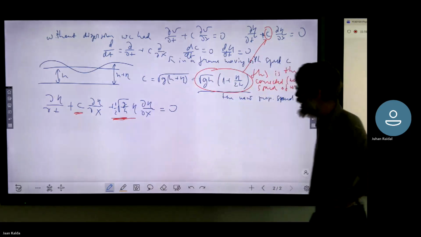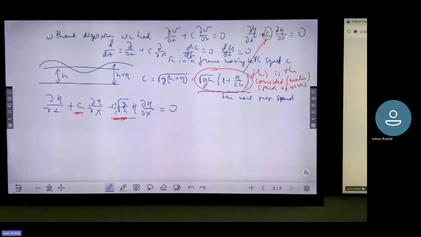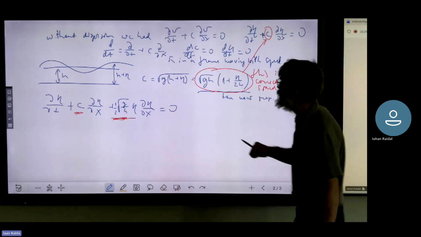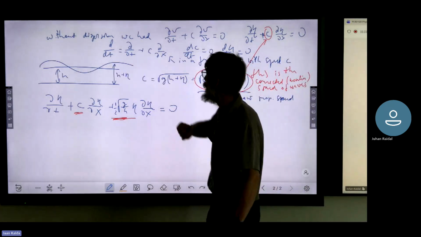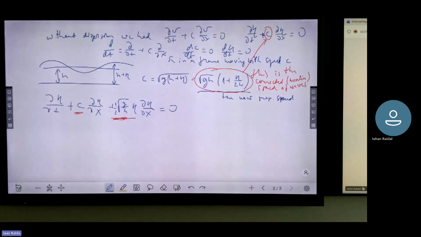Now, what can we do next? With this equation, we can again go to new coordinates in the co-moving frame. Now let me do it. It just says that it is a Lagrangian derivative, but now let's keep the Lagrangian derivative for later.